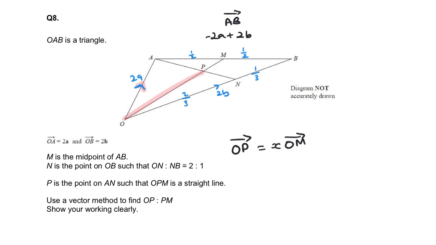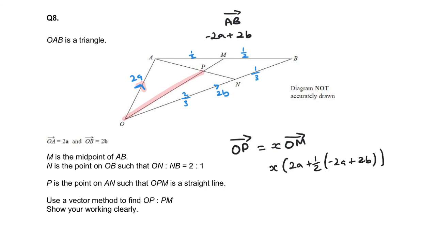How do we get from O to M? What are we going to do? So O to A is 2A plus A to M, which is plus a half lots of minus 2A plus 2B.